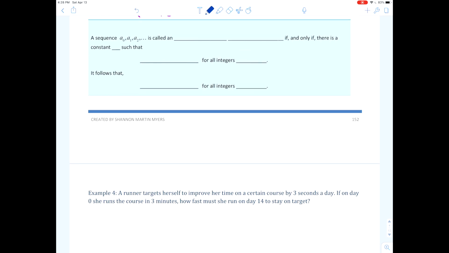Okay, so next up, we've got this definition. A sequence A0, A1, A2, continuing in that manner, is called an arithmetic sequence if and only if there is a constant d such that a sub k equals a sub k minus 1 plus d for all integers k greater than or equal to 1.